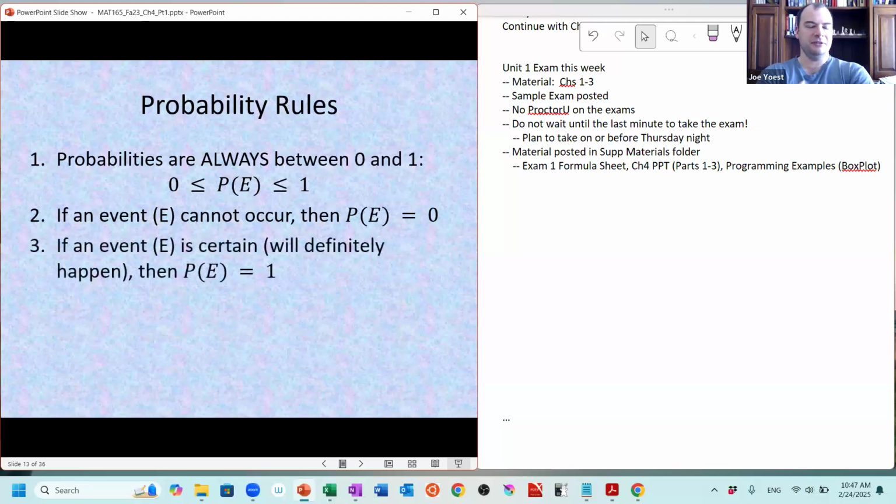If we have a finite sample space, then probability 0 is equivalent to the event being impossible to occur. Like if I have a die roll 1 through 6, and I say, what's the probability that I roll a 10 or higher? Well, that's impossible. There are 0 outcomes in that event.